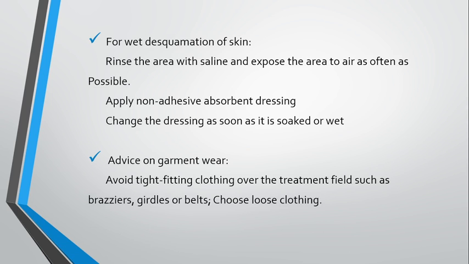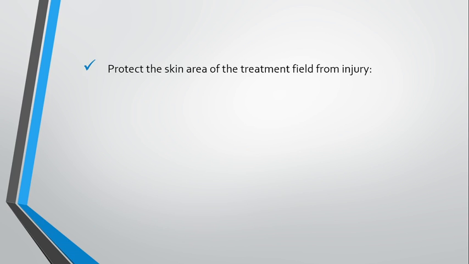Instead, you should encourage the patients to use loose clothing, which will not exert too much pressure on the radiation areas. And when washing the clothes, once again, a mild detergent will have to be used.